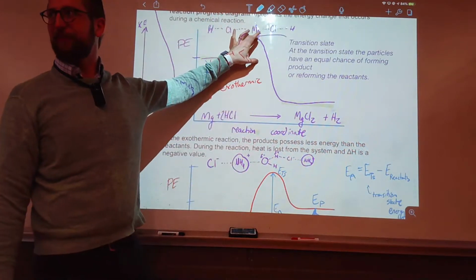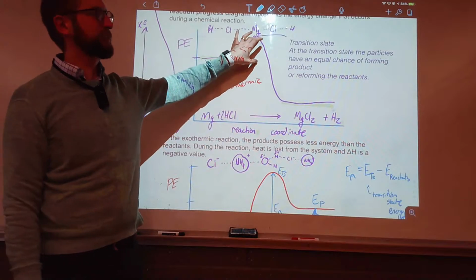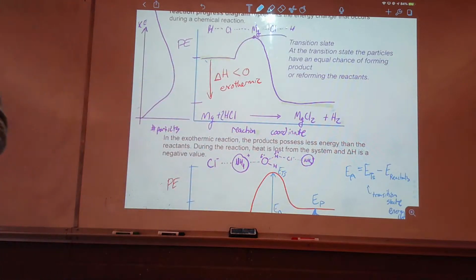So this little gap here is the amount of energy you must put in, the amount of energy you need your reactants to have. This is going to be our activation energy. So notice the activation energy barrier is much smaller in the exothermic reaction. This is going to be pretty typical. And then the exothermic reaction will produce energy, so that energy will go back into the kinetic energy.